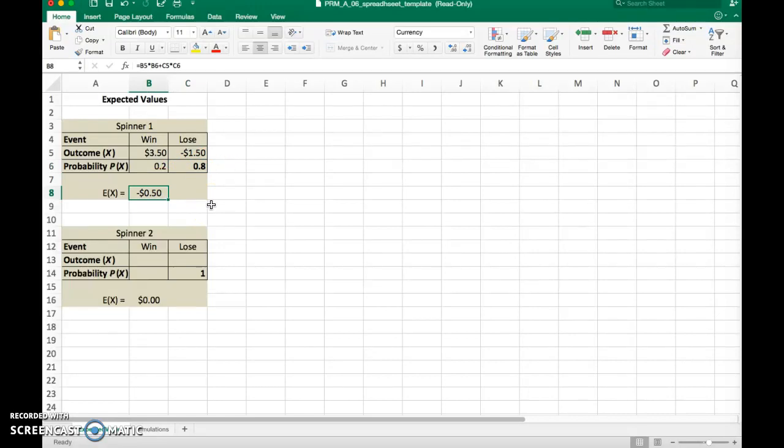Not sure why. I'm looking at my formula here, B5 times 0.8. Okay, maybe I did something wrong on my calculator.